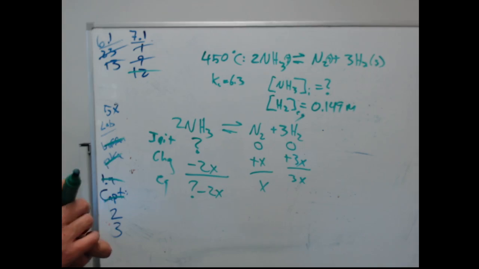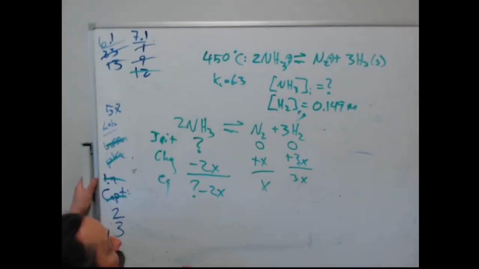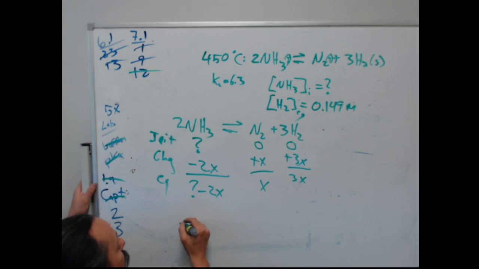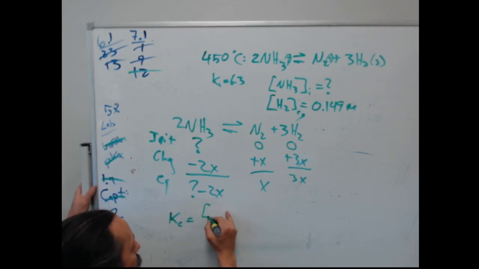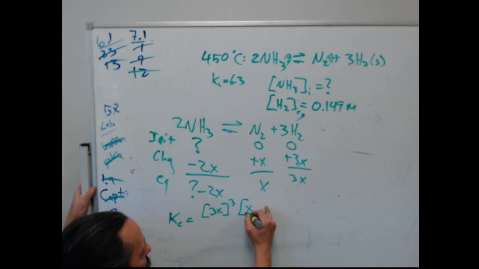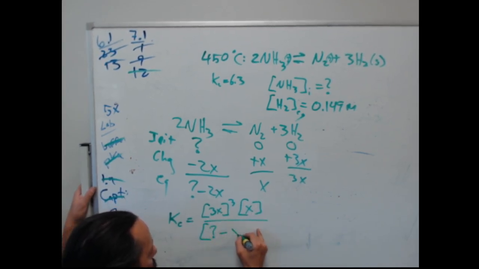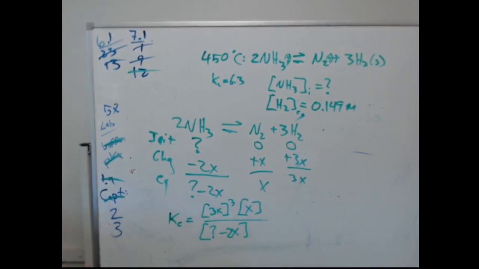If that was all the information we had, this would be impossible because I've got 1 equation, 2 unknowns. Kc is equal to products over reactants: (3x) cubed times x, divided by question mark minus 2x, squared. How could I possibly solve this?